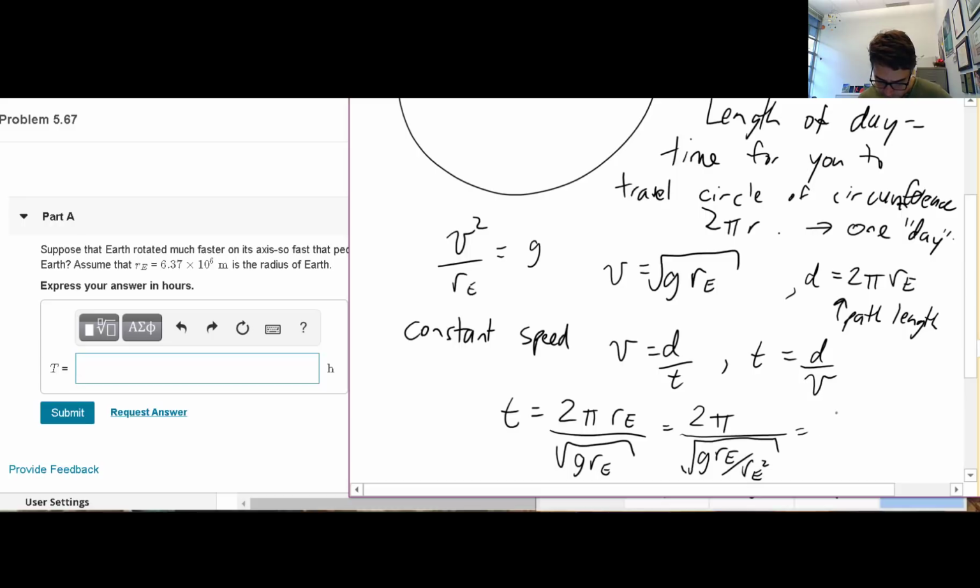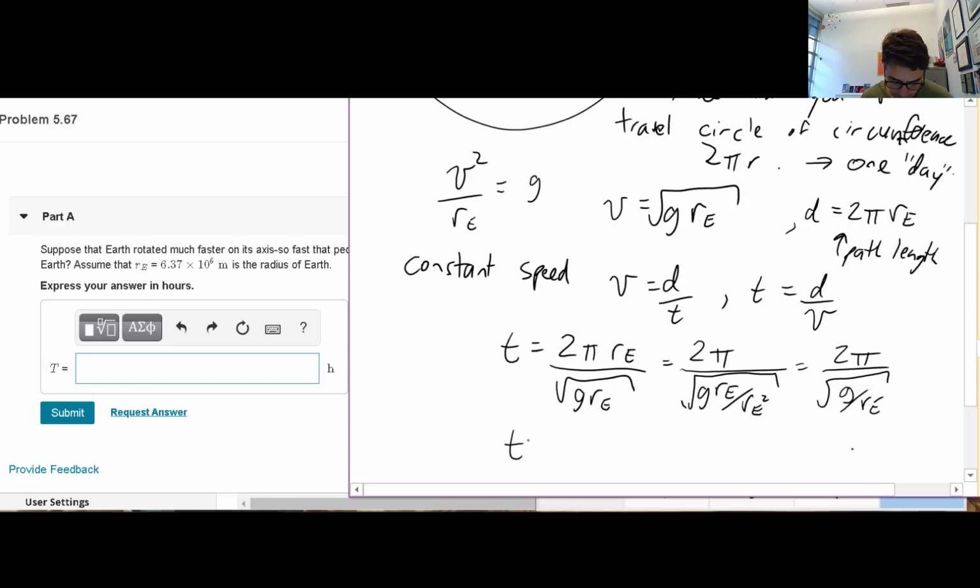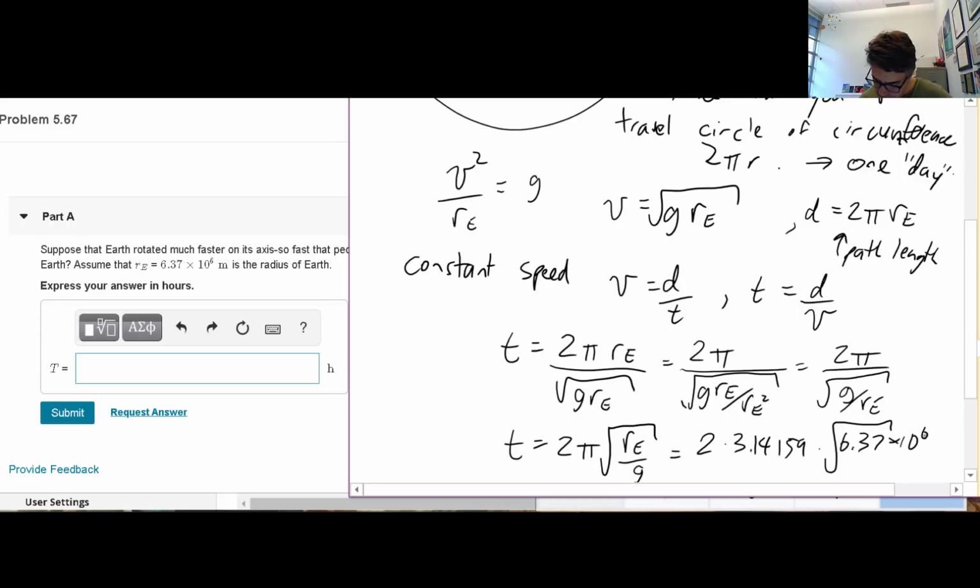So you end up with 2 times pi divided by the square root of g divided by re. So that's all on the bottom. So just to make it look a little prettier, I've got 2 times pi times the square root of r sub e divided by g. So that's equal to 2 times 3.14159 times the square root of 6.37 times 10 to the 6 meters divided by 9.8 meters per second squared.